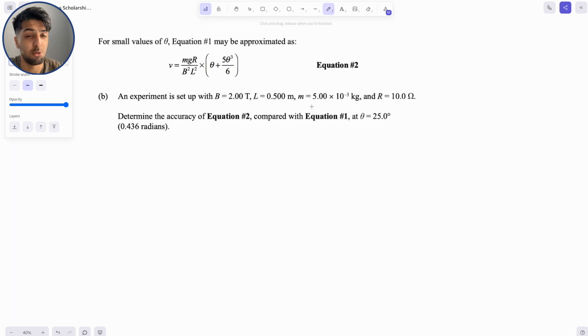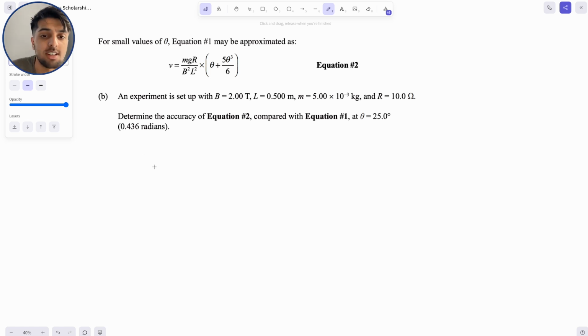There we go. For small values of theta, so for small angles, the first equation that we derived before can be approximated as so. And so we just sub in these values to determine the accuracy of equation 2, the approximation equation, against the actual equation at 25 degrees or 0.436 radians.